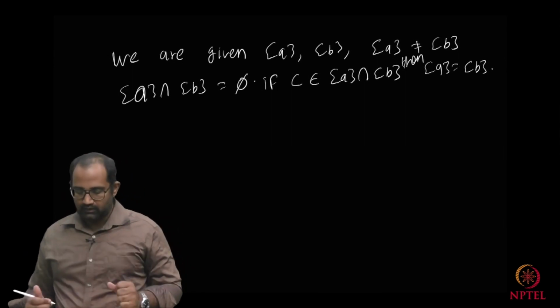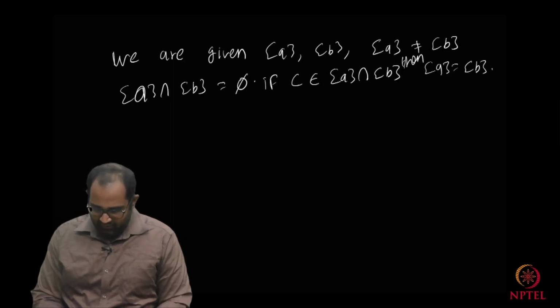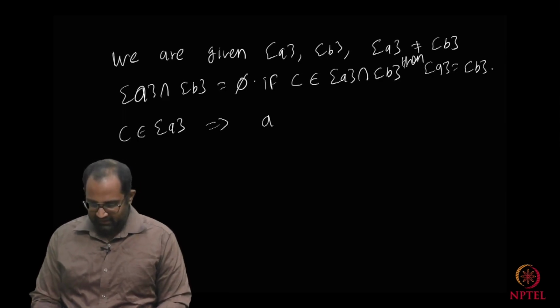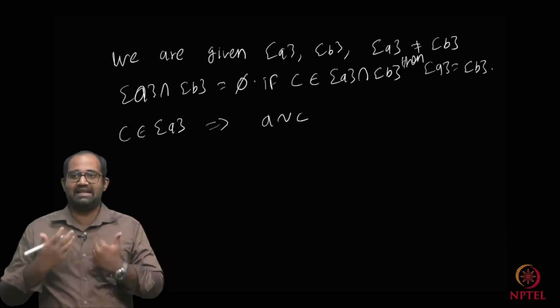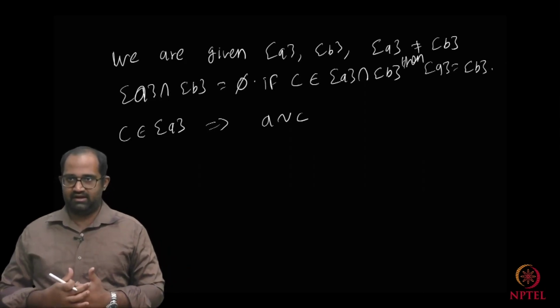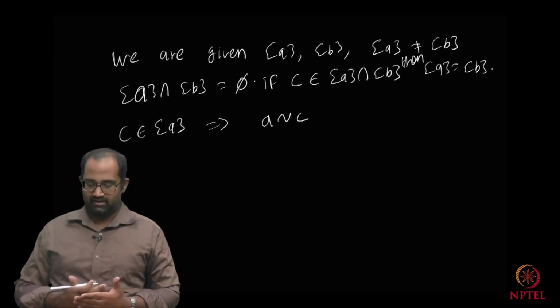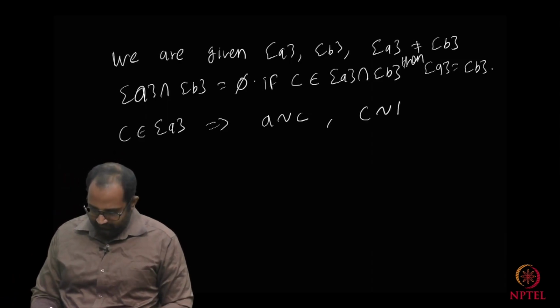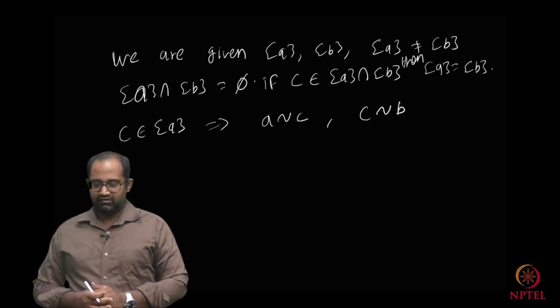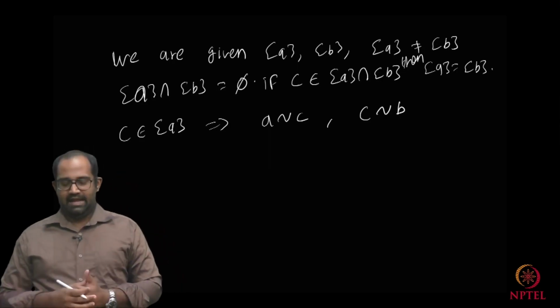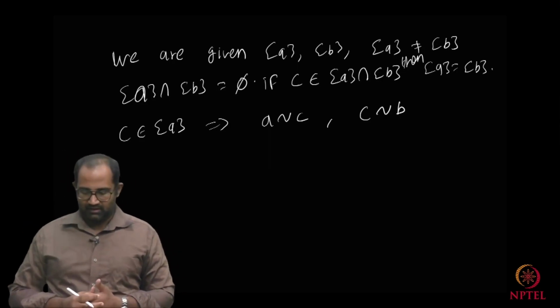Okay. What is the meaning of C is in box A? This just means that a is related to C. Why? That is the very definition of box A. Box A is the set of all elements in the set A which are related to little a, right. So, a is related to C. In a similar way, C is related to b, because the definition of box B is the set of all elements in A that are related to b, right.